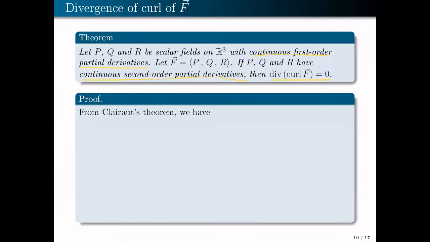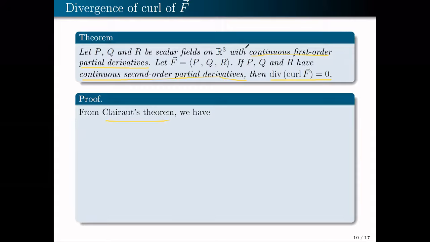Recall Clairaut's theorem. This theorem states that if the second order partial derivatives of a function are continuous on a domain, then its mixed partial derivatives are equal in the given domain.